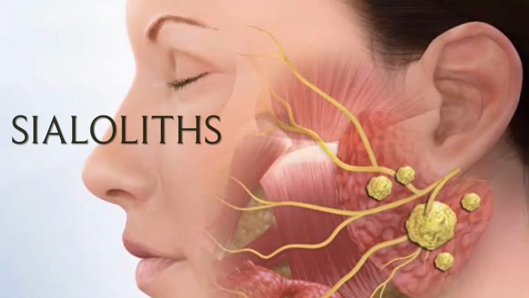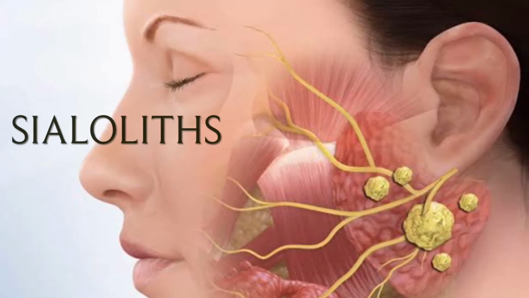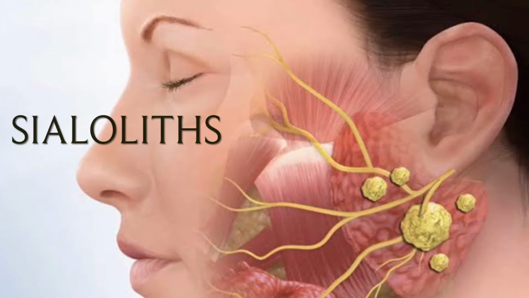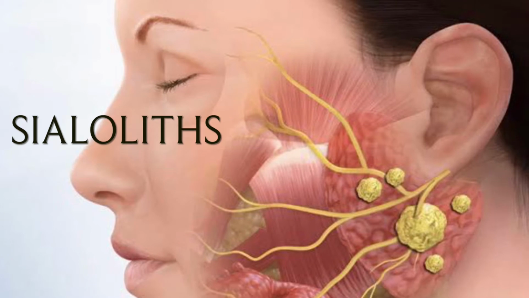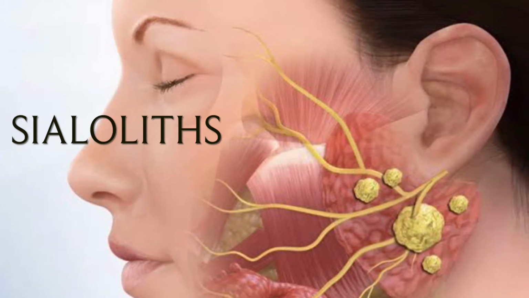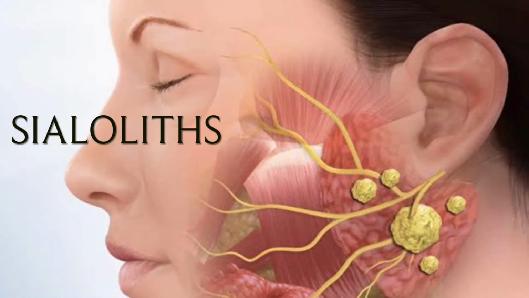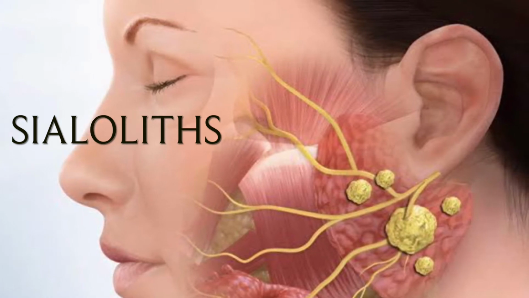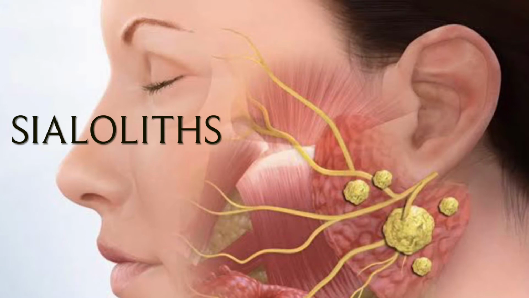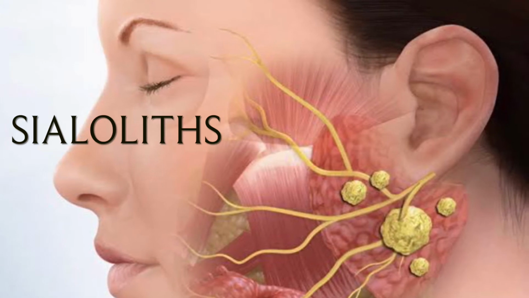Siloliths are typically calcified organic masses that form within the secretory system of major salivary glands. The true prevalence of siloliths is difficult to determine since many cases are asymptomatic and they may be detected during routine radiographic evaluation.